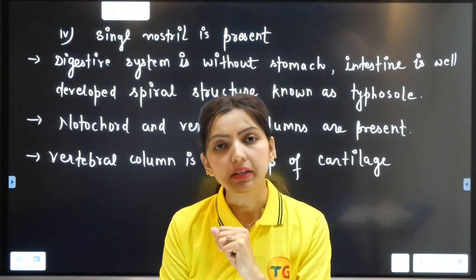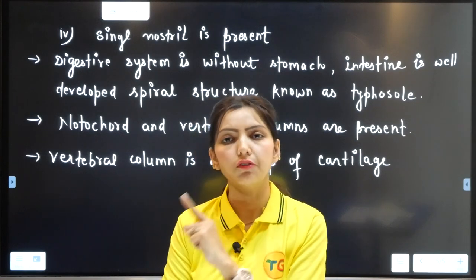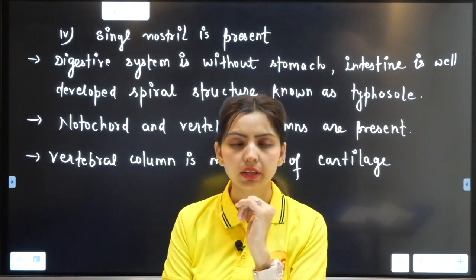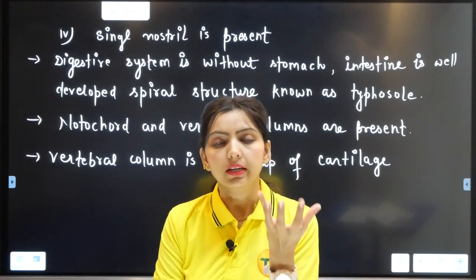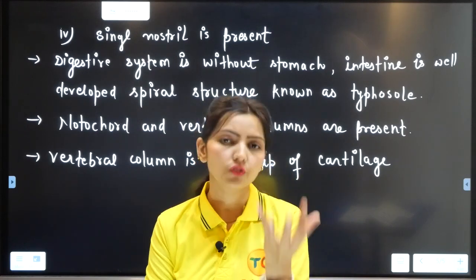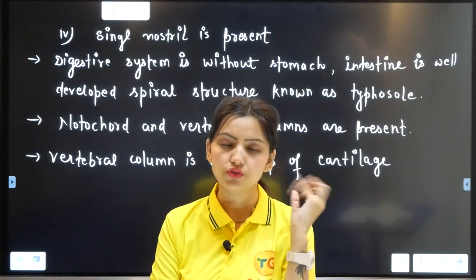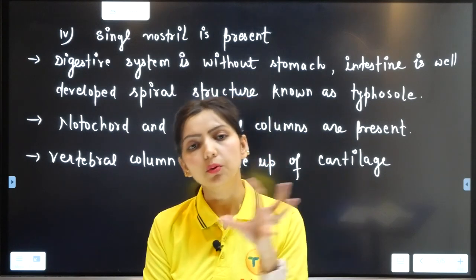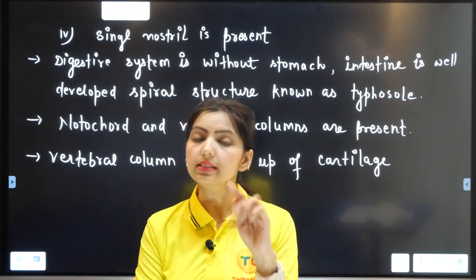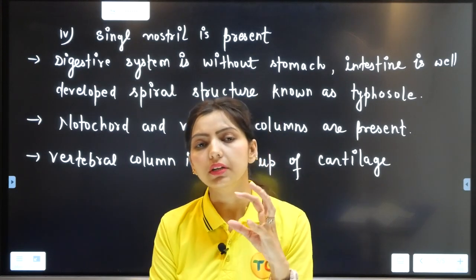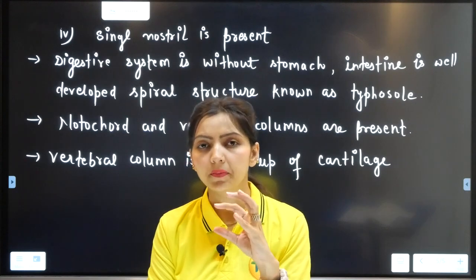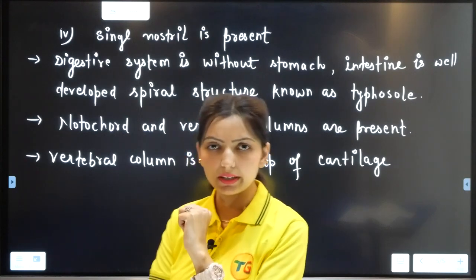So your answer will be cartilage. Bones were developed later on in the evolution. Initially it was cartilage which was observed. Cartilage was the first tough structure observed in the evolutionary history. Later on bones originated. So cartilage is evolutionarily older as compared to bones. Is it clear?